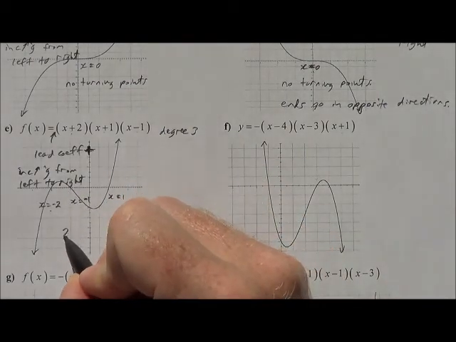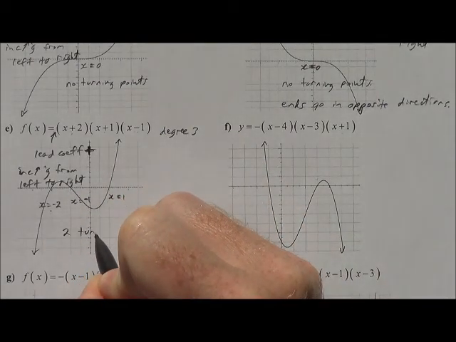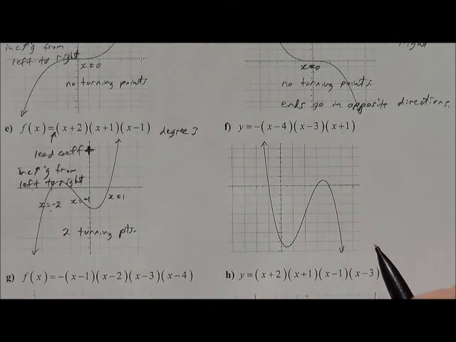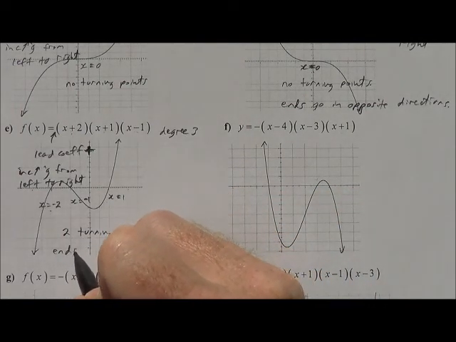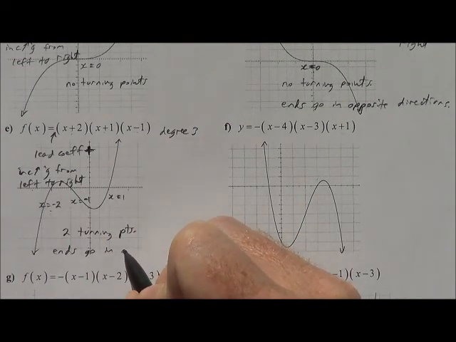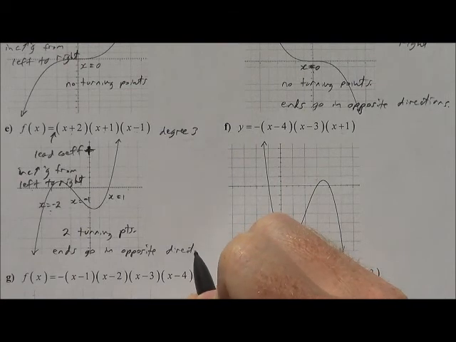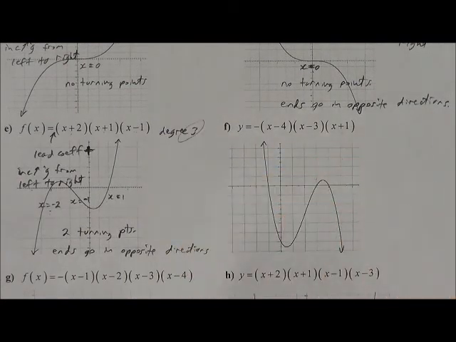Turning points. Okay, there are two turning points in this case. And the ends go in opposite directions because it's degree 3.